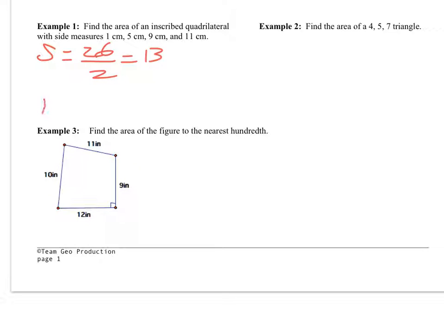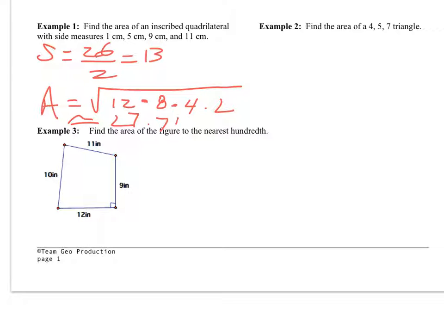So according to Brahmagupta, the area of this quadrilateral is the square root of 12 times 8 times 4 times 2, which is approximately 27.71 centimeters squared.